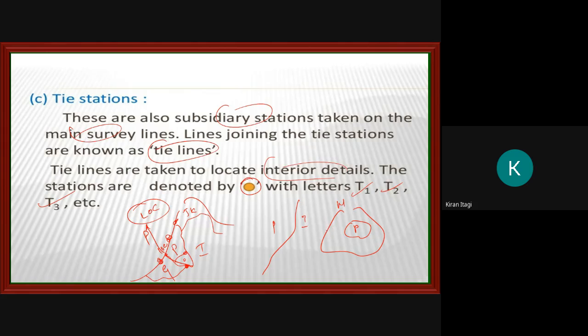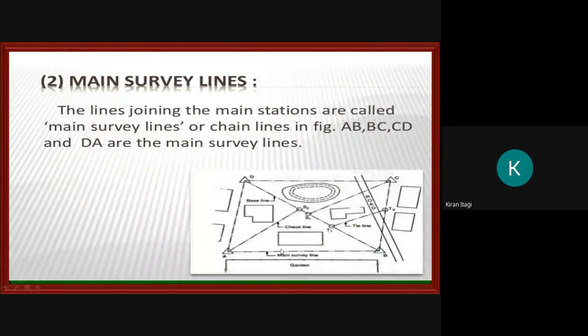In the principle, I have said that we work from whole to part. Here we will see main survey lines. I have said that main survey lines are nothing but the lines which join the two main stations.